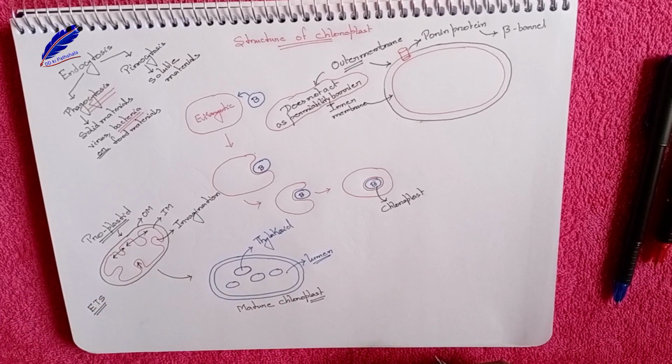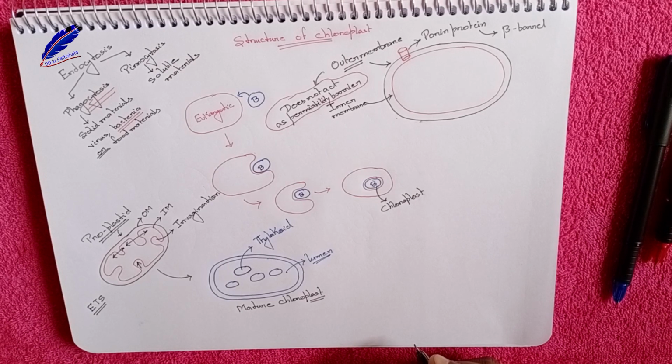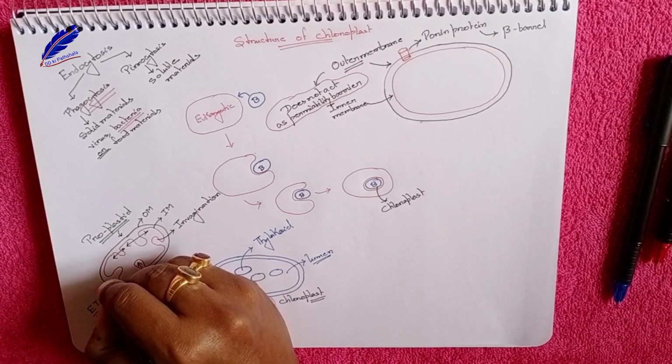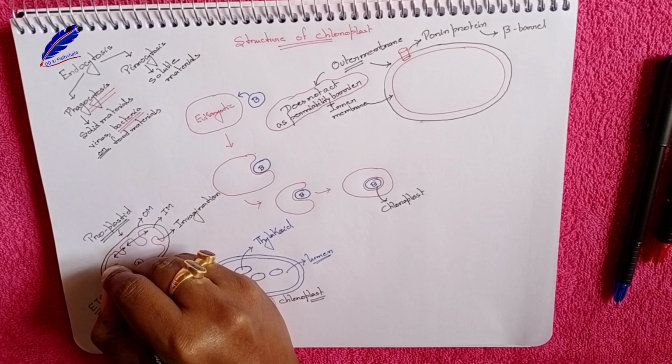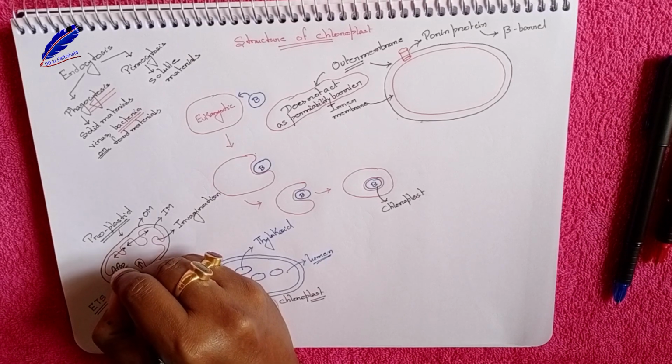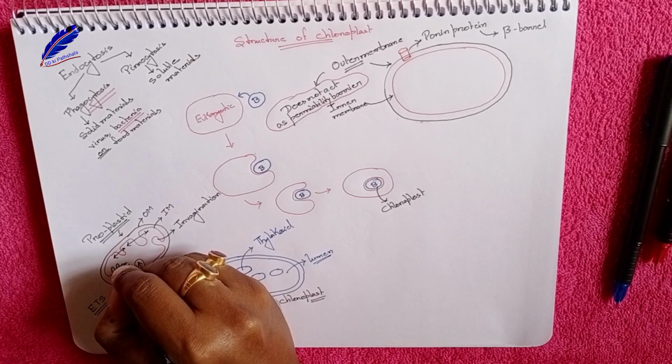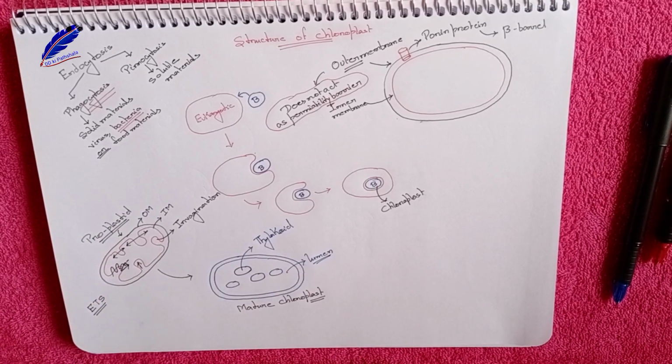And where does electron transport chain take place? Electron transport chain takes place in the inner membrane of mitochondria. That is, within these invaginations, electron transport chain takes place. That is, electron flows.